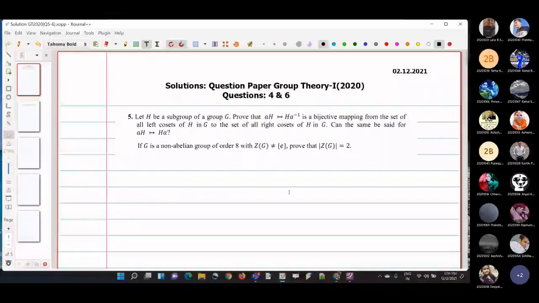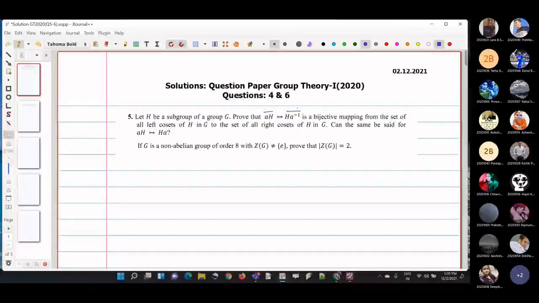Question number 5 is: let H be a subgroup of a group G, and we have been given a mapping from a left coset to a right coset. This is a left coset and this is a right coset, and it's a bijective map.